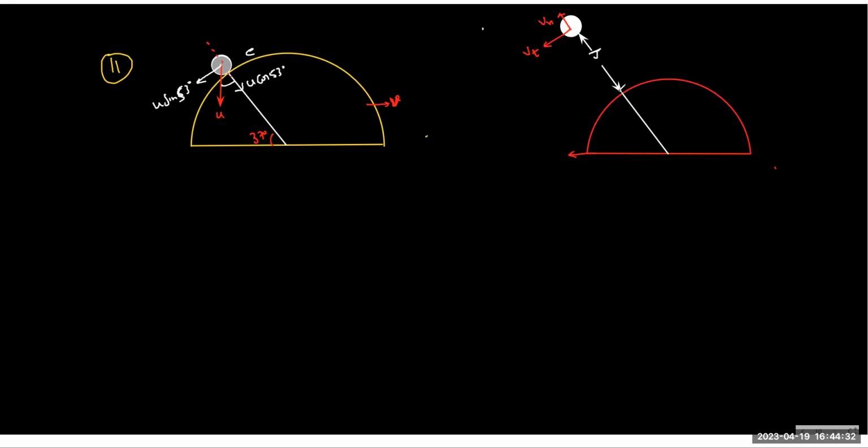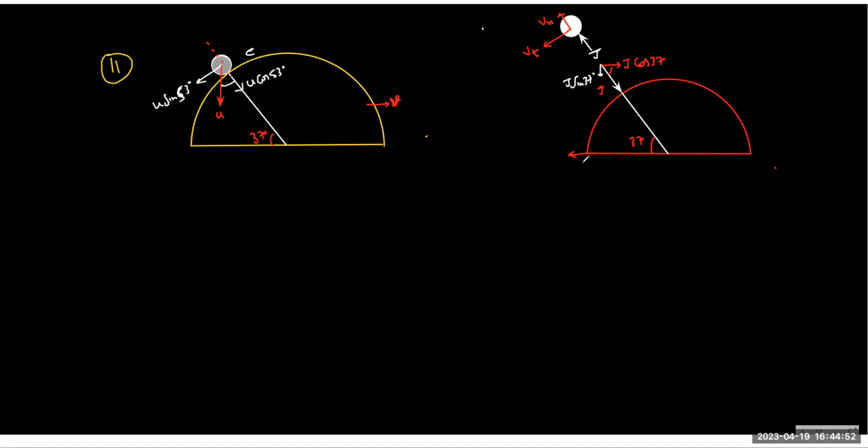So this J will have two components, Jx and the value of Jx is how much? J cos 37, am I right? And the J vertical is how much? J sin 37, correct?